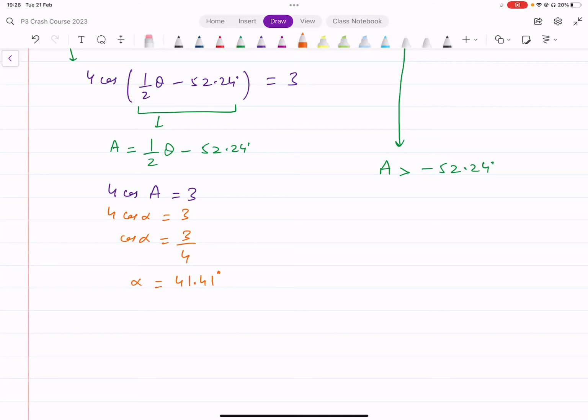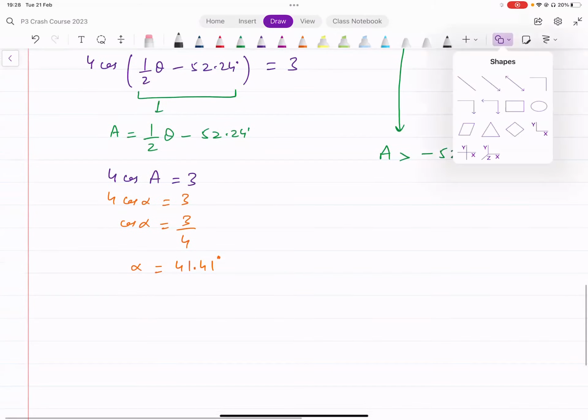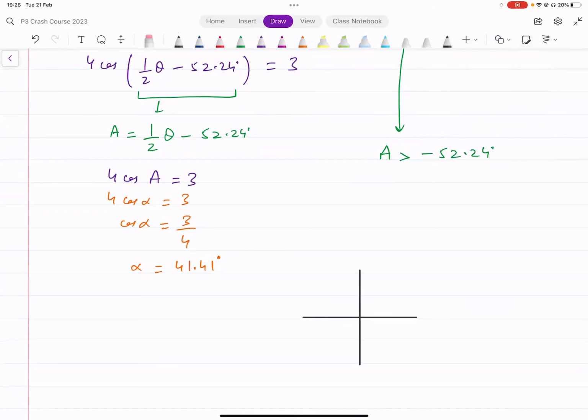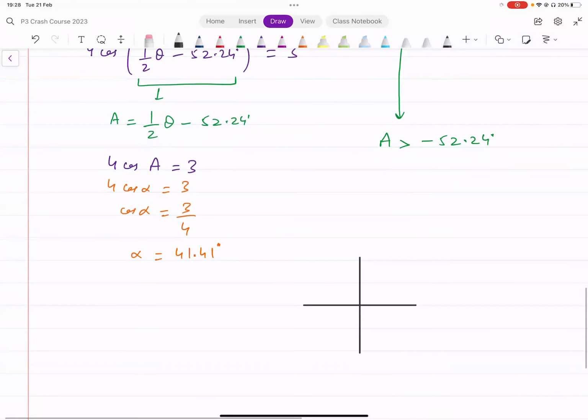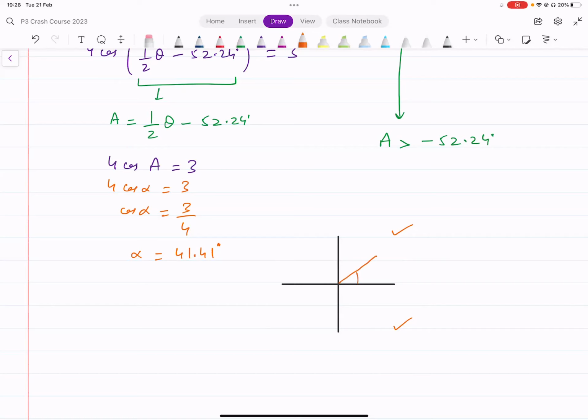Now we think of quadrants. This is how quadrants look. Cos is positive. Which quadrant could that be? It could be the first quadrant or the fourth quadrant again. You could have a basic angle here that is 41.41, or you could have a basic angle here, which is 41.41.